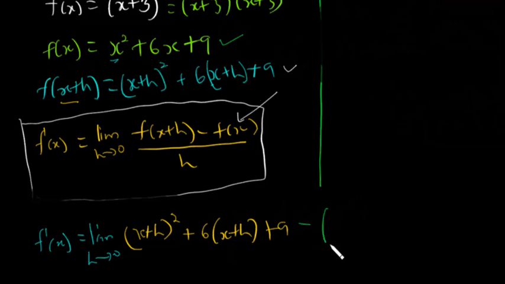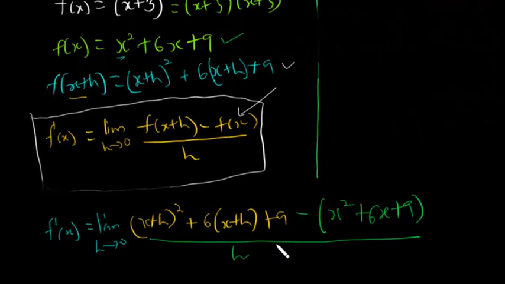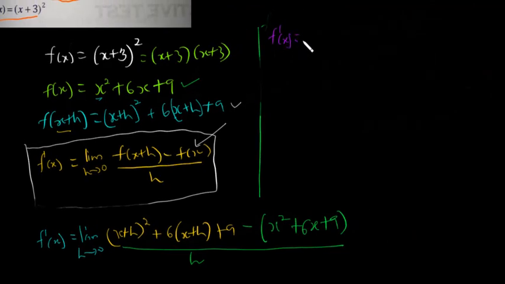So we have minus the whole of the function f of x, that is the 3-term function, x squared plus 6x plus 9, and all divided by h. Alright, so let us simplify the function here. It's getting a little bit messy, but it will be simple here.